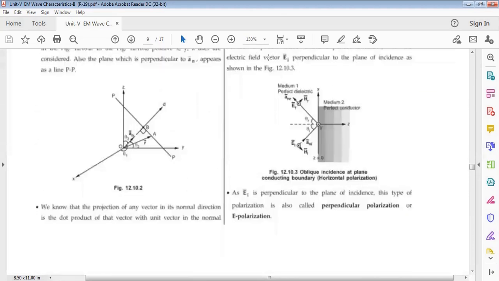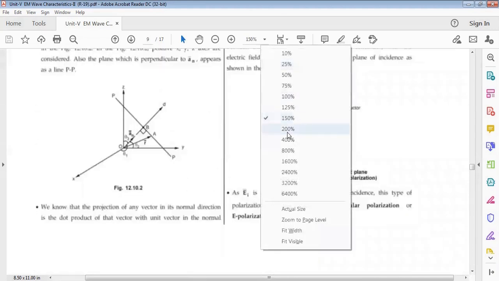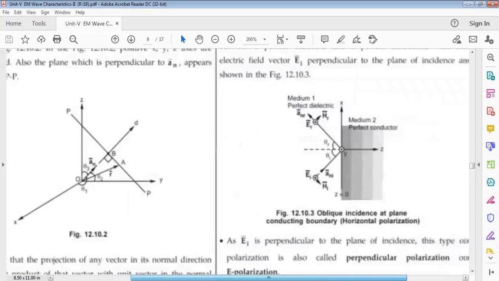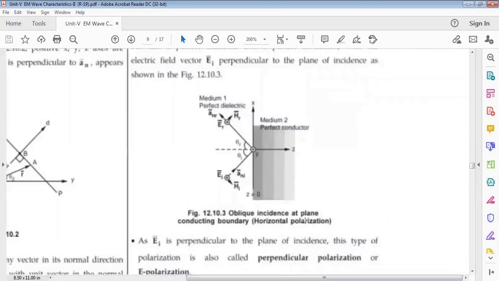See, in this diagram, observe here, the theta I is there. EI is perpendicular to the incident beam ANI. Let's draw a line on the z-axis from the EI point.